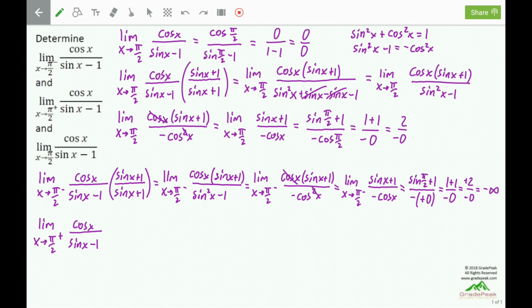The right-sided limit can be worked out in a similar fashion. We'll multiply by the conjugate over itself. We will not distribute in the numerator since those are not conjugate pairs, but we will FOIL the denominator since those are conjugate pairs.